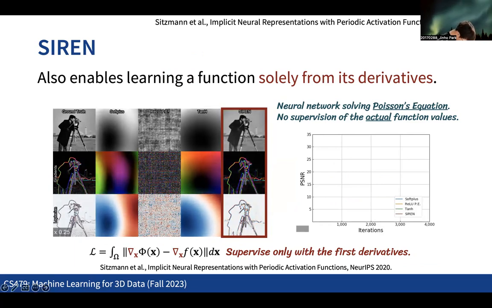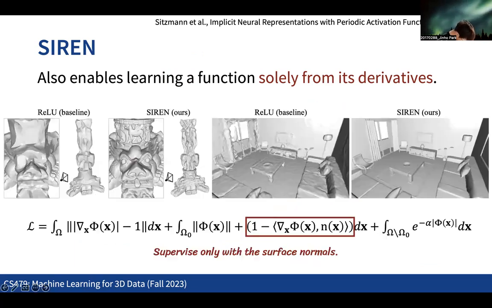And we also could see the same results, not only for the 2D reconstruction, but also the 3D case as well. So you can say that this is the case where we are having only the surface normal information. Basically, the first derivative of the implicit function is the surface normal information.